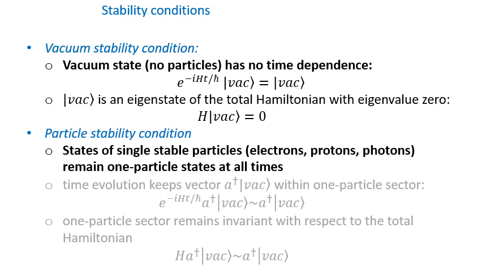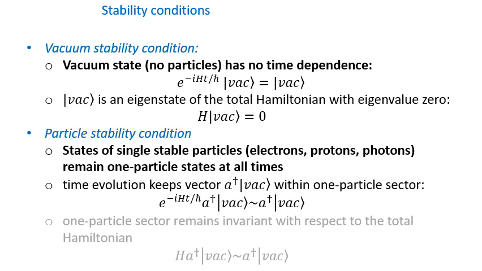The second one is the particle stability condition. It says that single stable particles, such as electrons, protons, and photons, should remain as one particle states at all times. Of course, we know about existence of unstable particles such as neutrons, pions, etc., but we do not consider them in our simple version of QED.